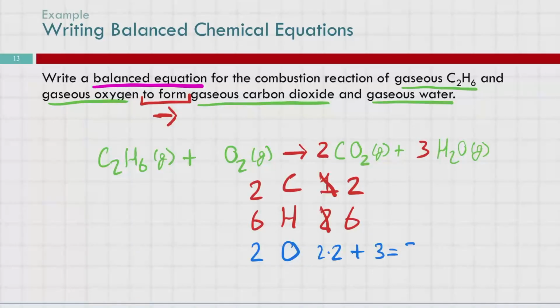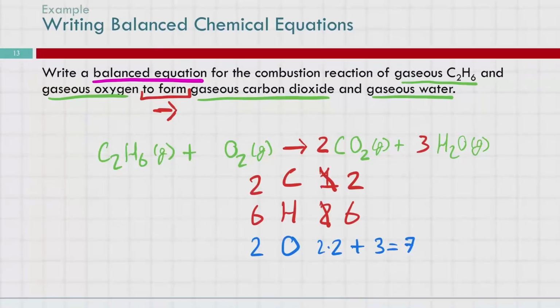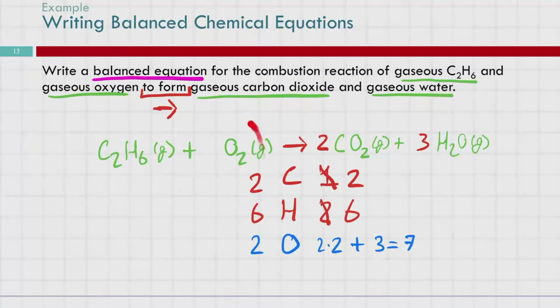So we've got 7 oxygens on the right side. So we can adjust our O2 to get our number of oxygens up to 7. What would we have to multiply 2 by to get to 7? Three and a half. Or 7 halves is the same as 3.5.